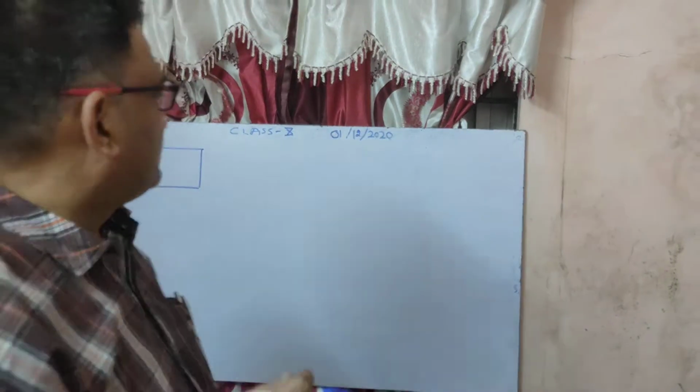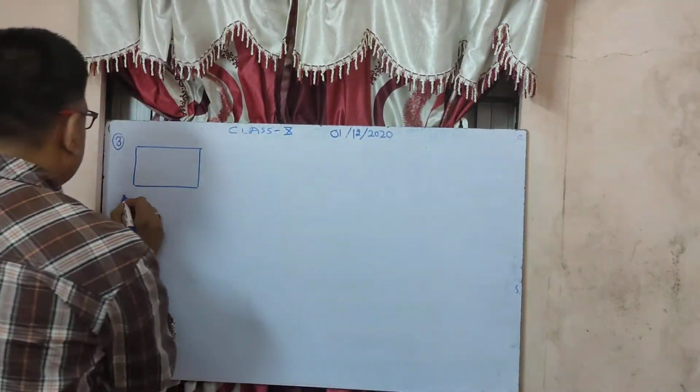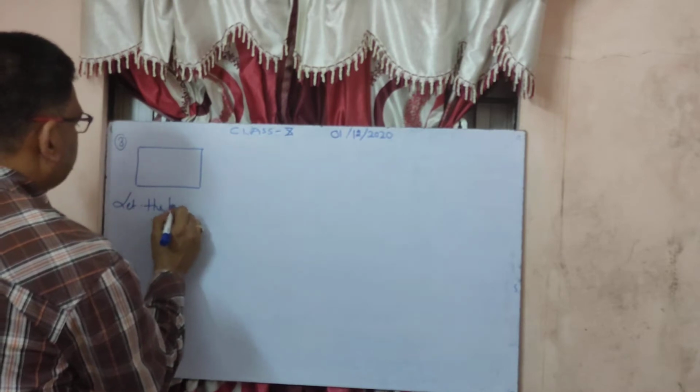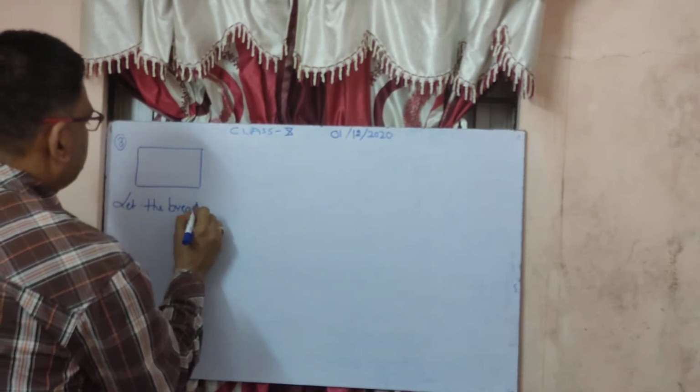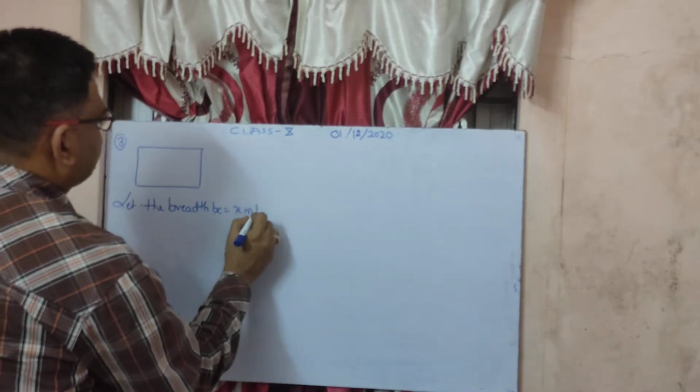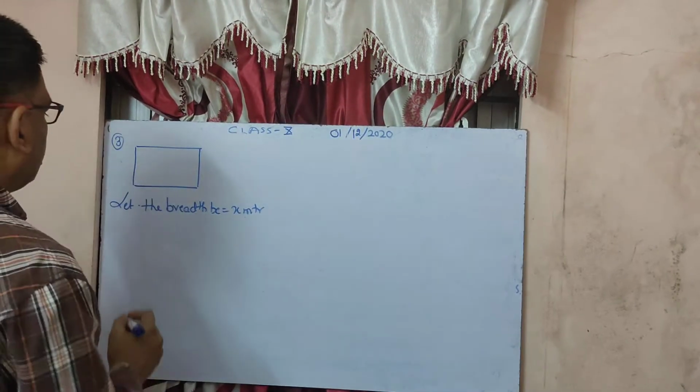Is it possible to design a rectangular mango grove whose length is twice its breadth? Let the breadth be x meters. So what is the length?